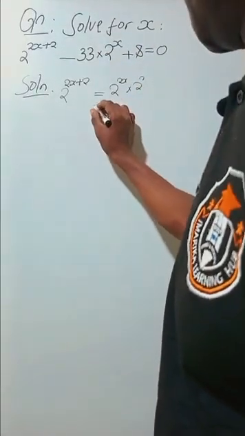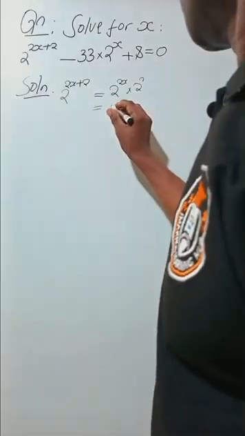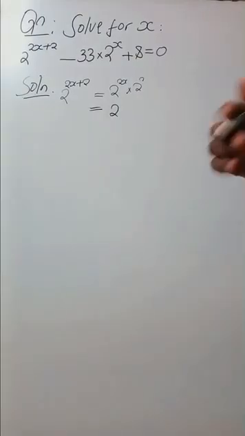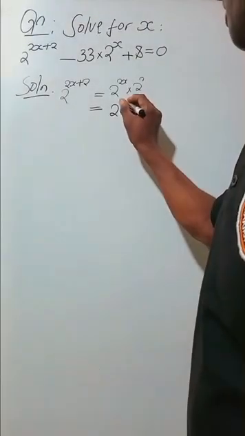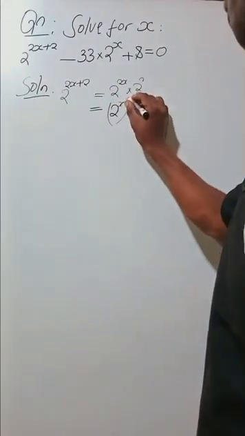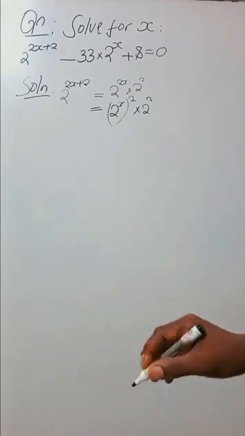Okay, so now how can you write this in this format? This one will be equal to 2 power x, then into bracket 2, then again times 2 power 2.